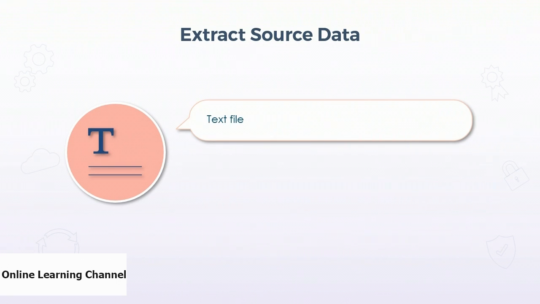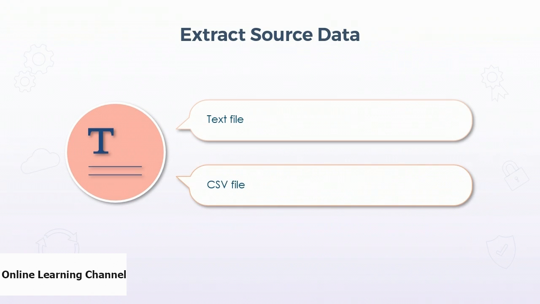Now, there are many formats compatible with Synapse Analytics, such as Hadoop file formats or JSON. But one of the most popular is comma-separated values or CSV files. These files contain rows of data as text, each data value separated by a comma or some other delimiter.